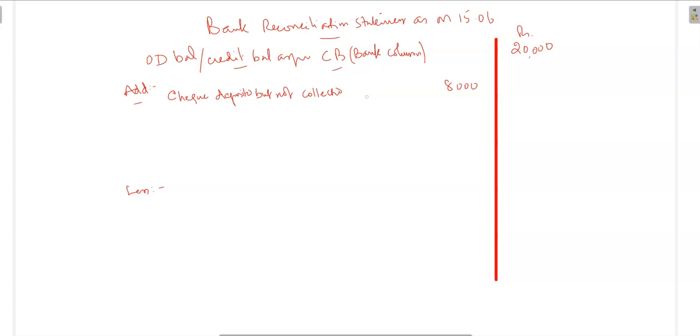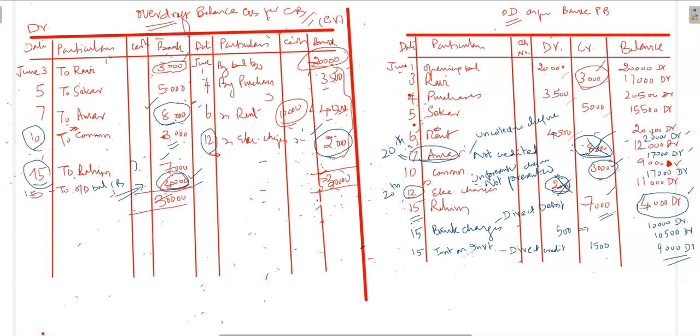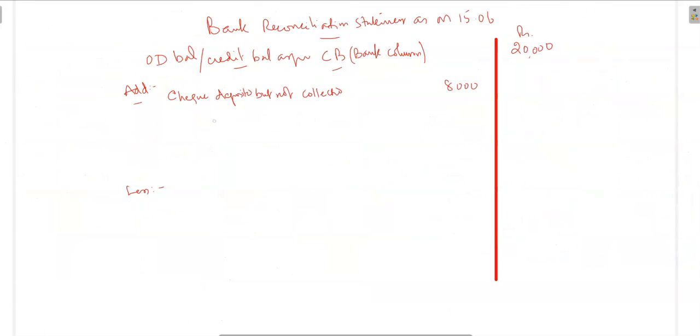So why was it added? Because the receipt effect given in the cash book will reduce OD balance compared with the passbook balance. So in cash book it will show less OD. It should not show less OD. To reconcile it, we have to add it. That's the reason why we are adding it.